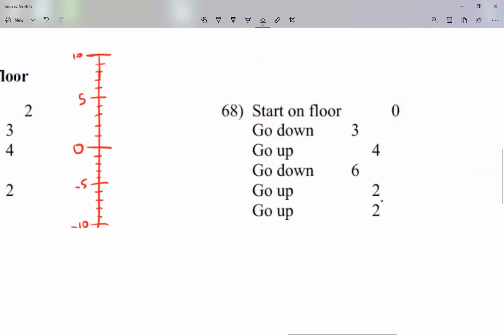Now here we start on floor 0. So I'm at 0. And then I'm going to go down 3: 1, 2, 3. I'm at -3 now. And then I'm going to go up 4: 1, 2, 3, 4. I'm at +1 now.